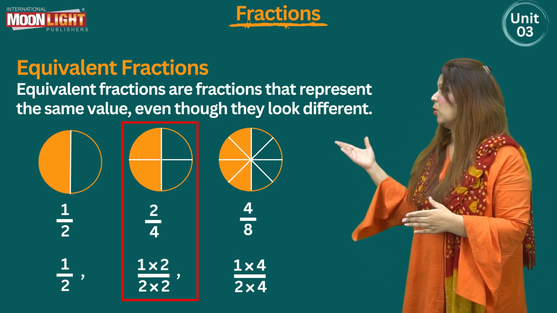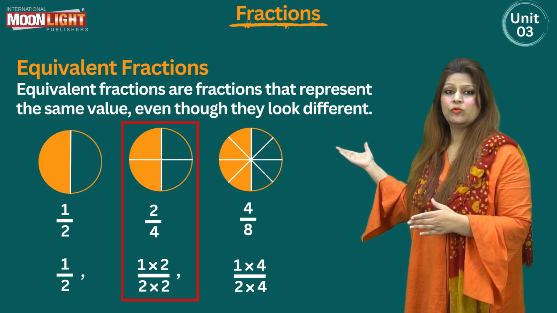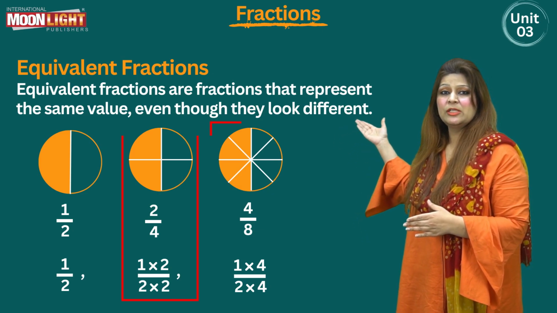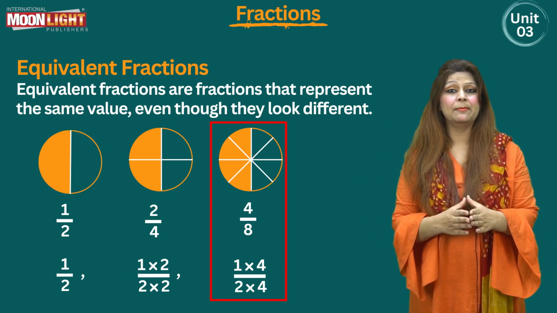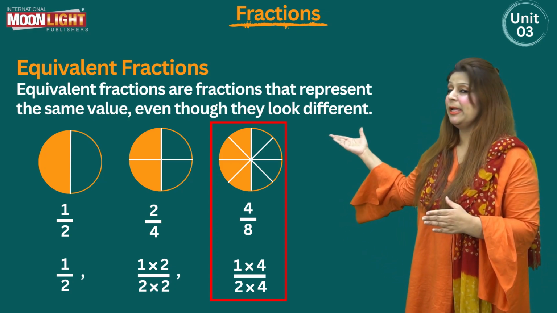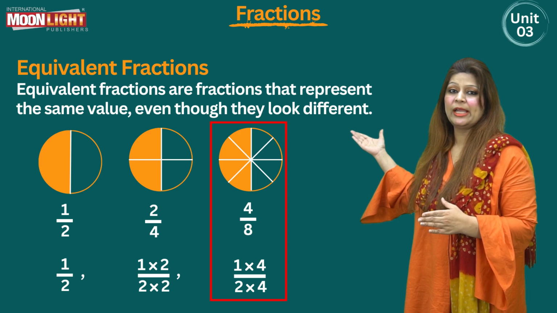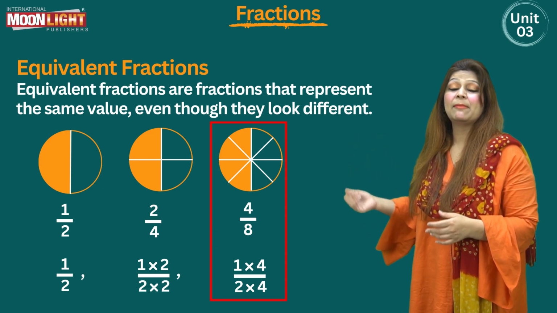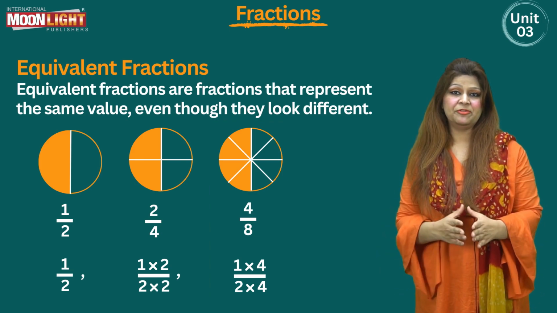So 1 multiplied by 2 and 2 multiplied by 2 gives 2 by 4. Now for 4 by 8, we multiply the fraction 1 by 2 by 4. 1 multiplied by 4 is 4 and 2 multiplied by 4 is 8. So this is an example of equivalent fractions.